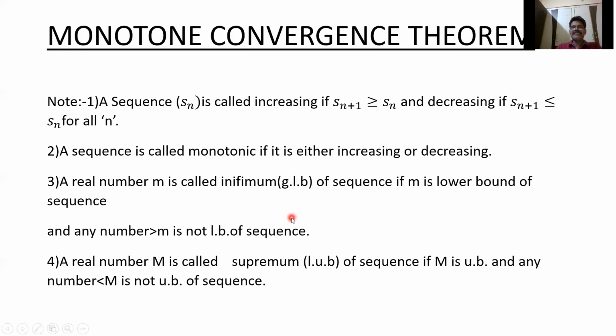That means it is the greatest lower bound of the sequence. So GLB means greatest lower bound.